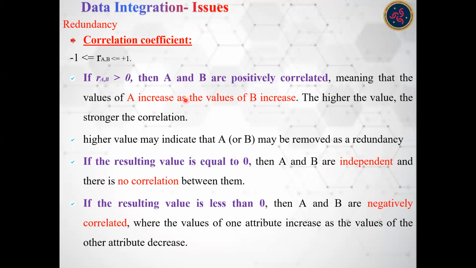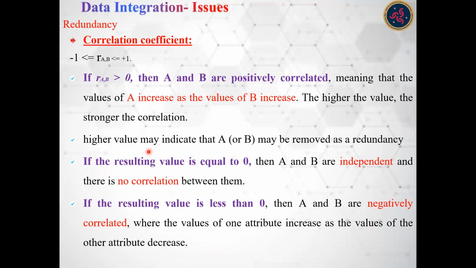That means if the value of A increases, then B also will increase, and when A is decreasing, then B also decreases. That is, the changes of A and B are dependent. Any change in A may affect the value of B also.